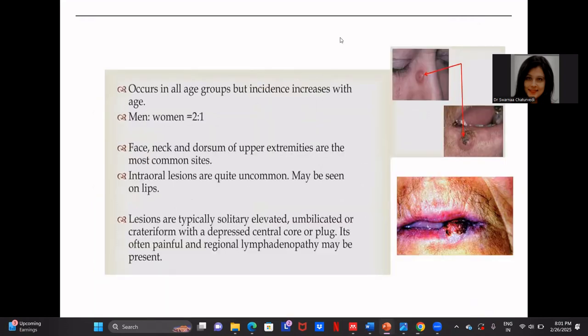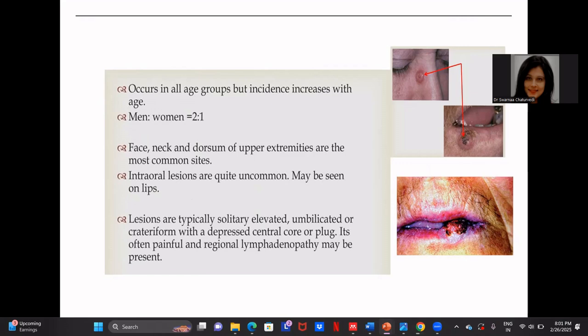Incidence increases as age increases, and there is a male predilection with a 2:1 ratio. The most common sites of involvement are the face, neck, and dorsum of the upper extremities. It can at times be seen on the lips because of exposure to sunlight, while intraoral lesions are very uncommon.